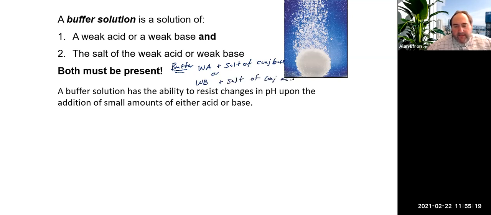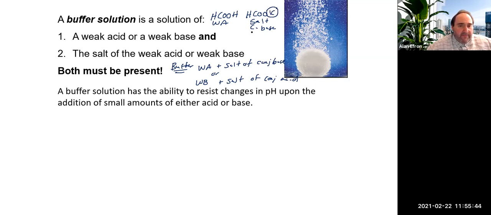So you may be asking, what does the salt part mean? The salt part means what we were just talking about when we were looking at the one we just did. This was our weak acid. And the salt was this guy. This is the salt of its conjugate base. What makes it a salt is that it has that K plus and the minus to balance out the charge. So it's got that spectator ion.